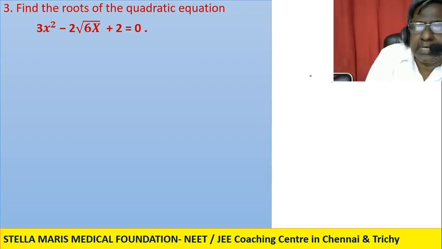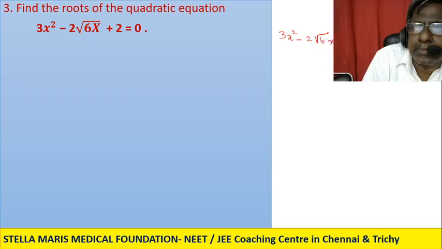How will I split this? See here, the problem is 3x square minus 2 root 6x plus 2 is equal to 0. Here 3 into 2, you must get 6.